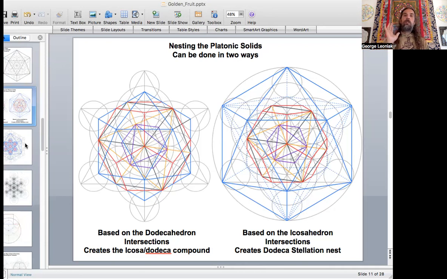But since this one is totally all about the fruit of life and seed of life combo, this is one way that it's appearing to work so far. Hopefully somebody else will explore it some more and come up with some other unique solutions, but this one seems like a good one so far.